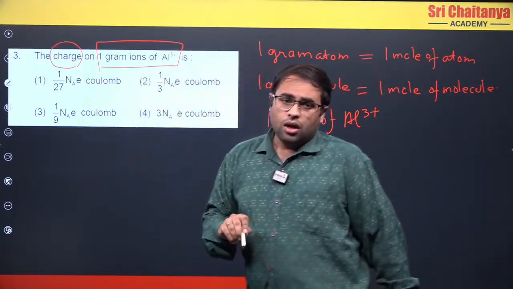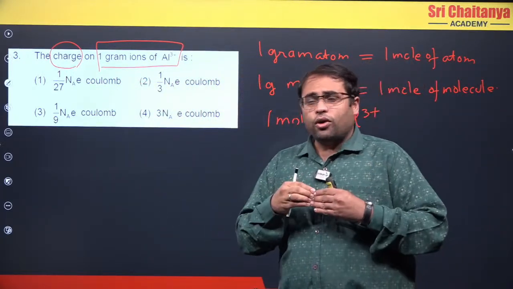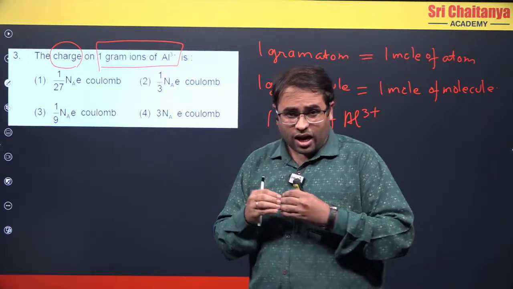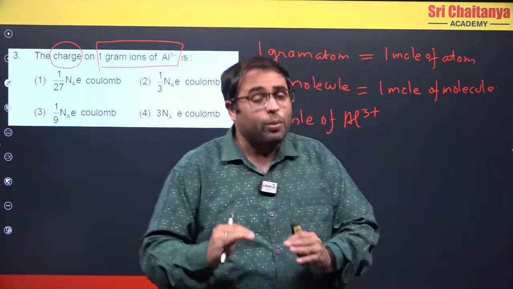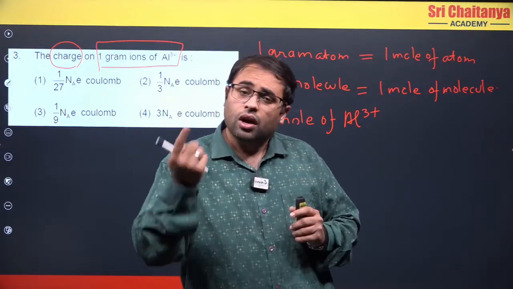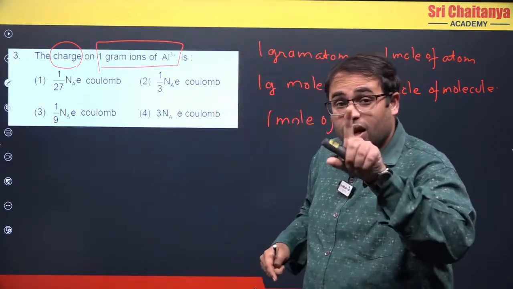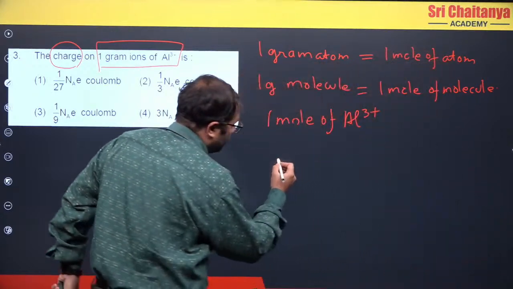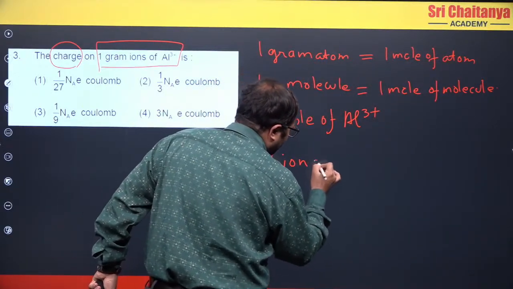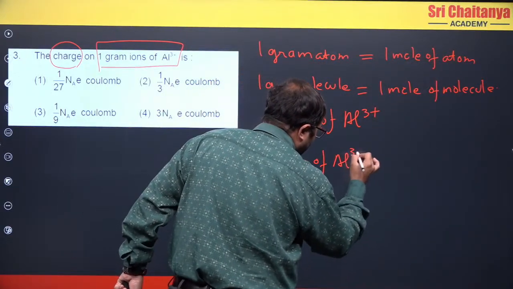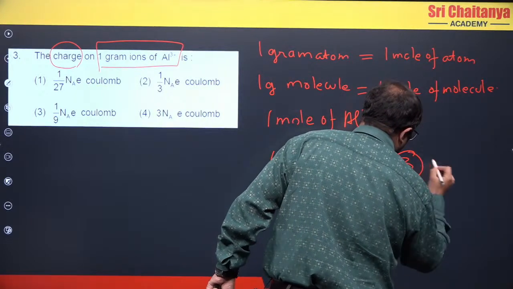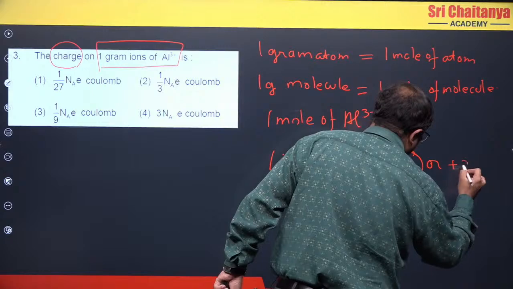So before we move on to 1 mole of Al3 plus ions, let us stop a little and think about how much charge 1 ion of Al3 plus has. If I talk about 1 ion of Al3 plus, the charge is 3, or you can say plus 3.